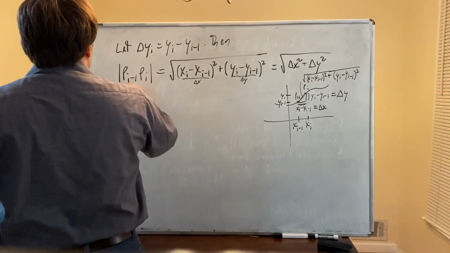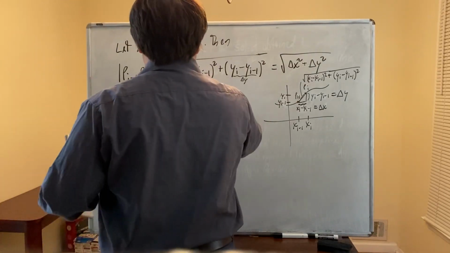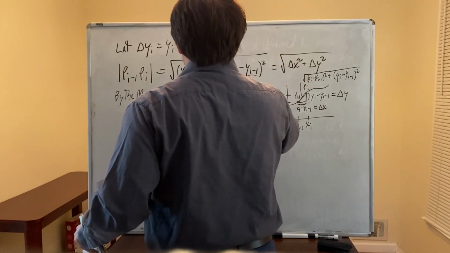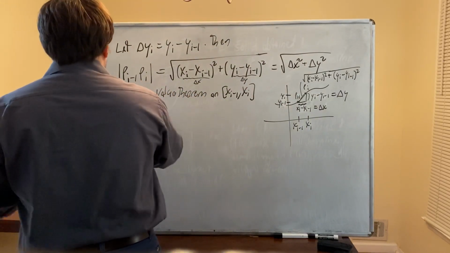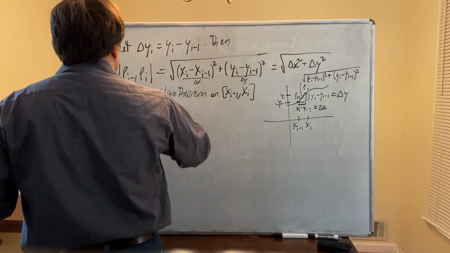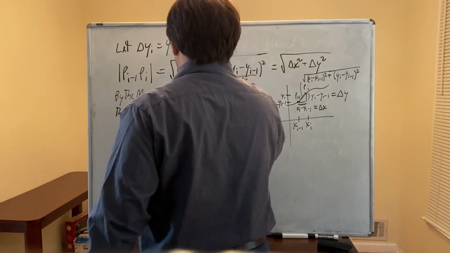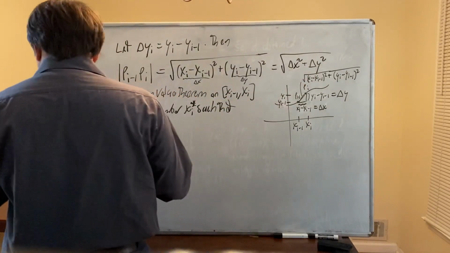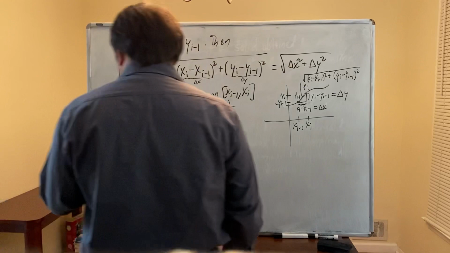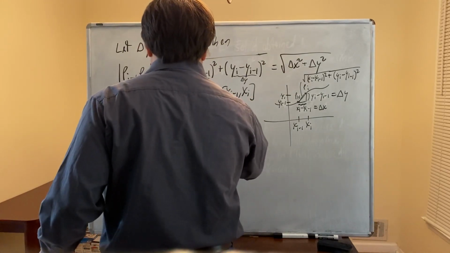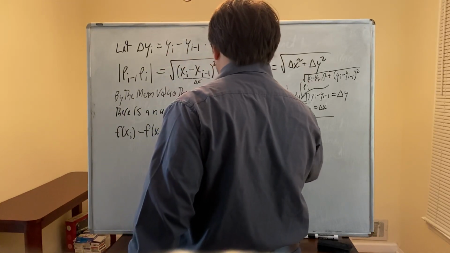By the mean value theorem, on [x sub i minus 1, x sub i], there is a number x sub i star such that f of x sub i minus f of x sub i minus 1 is equal to f prime of x sub i star times x sub i minus x sub i minus 1.